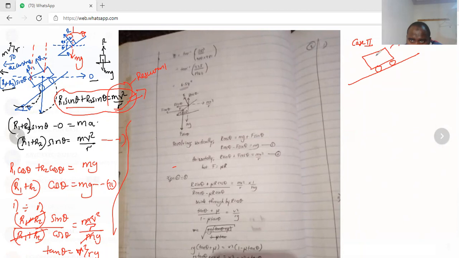And it can only fall out in that direction if the reaction on this tire, R1, is 0. So if this is towards the center, remember it has its component of its weight here, mg, and this is theta. Then what prevents it from falling upwards?